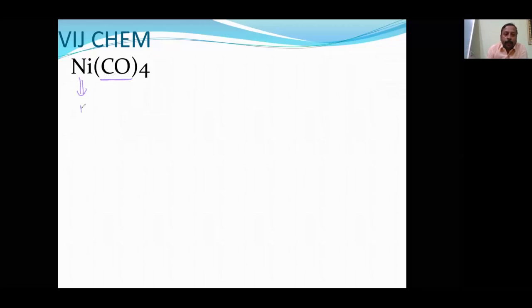Same nickel with atomic number 28. So helium, neon, argon, then 4s2 and 3d8. Here again, first you have to find the oxidation number.